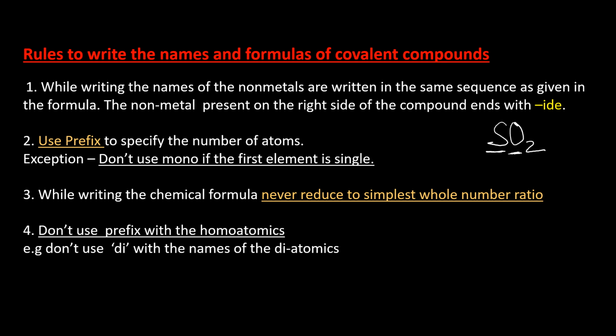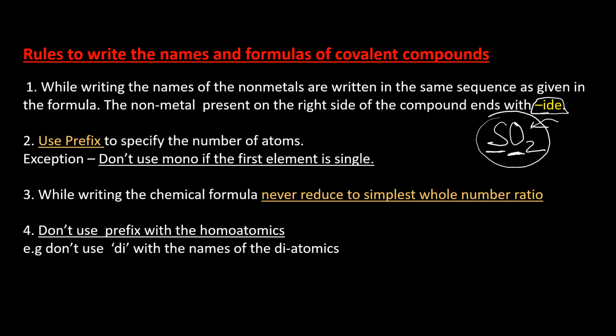Whether it is oxygen or any other non-metal, we will convert it into ide. So if it is chlorine, chloride; bromine, bromide; sulfur, sulfide; phosphorus, phosphide. Likewise, any non-metal on the right side of the covalent compound will end with IDE instead of the actual name written on the periodic table. So keep that in mind. We'll do the full name, how to write it down, in the next slide.